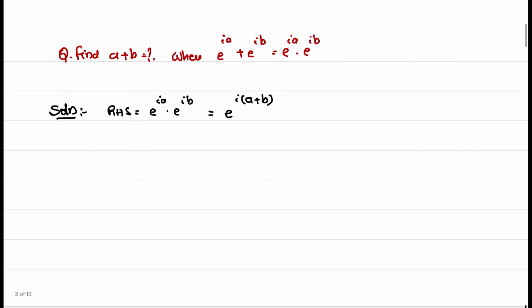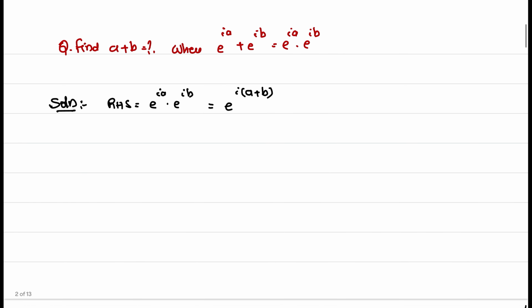This is the right hand side. What is the left hand side? e to the power of ia plus e to the power of ib. That implies the given equation in the question becomes e to the power of ia plus e to the power of ib is equal to e to the power of i into a plus b.